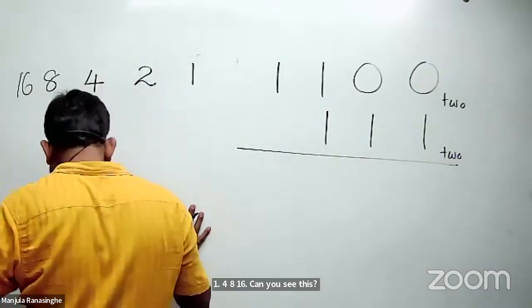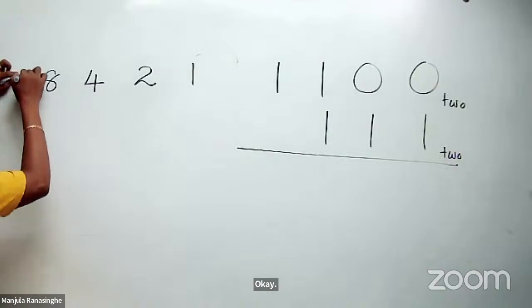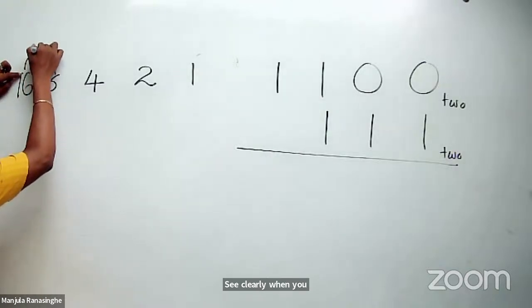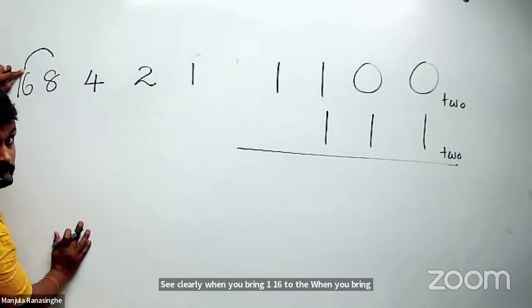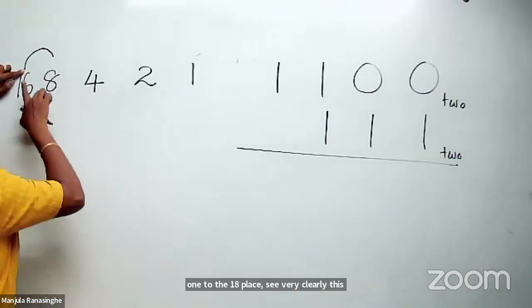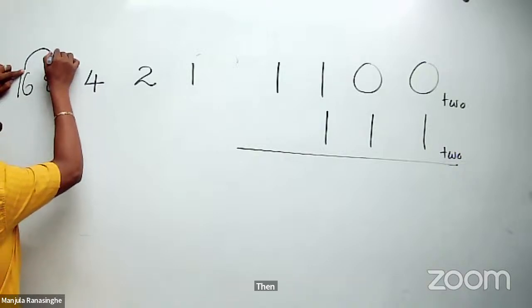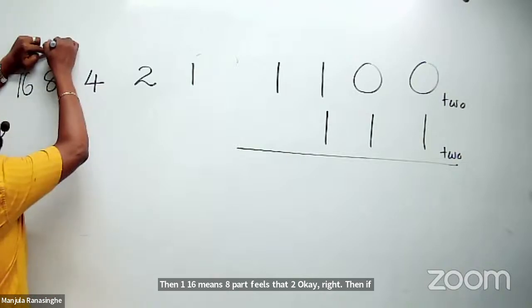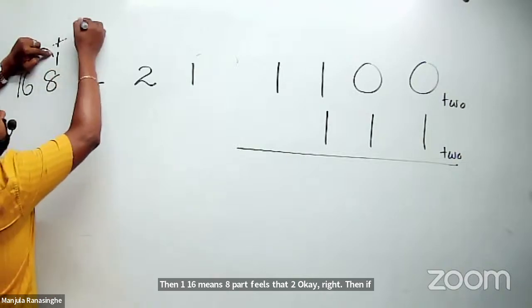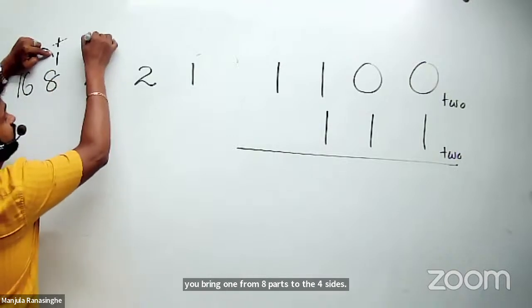See clearly. When you bring 1 to the 8 place, this concept, then 1 of 16 means the 8 part feels 2 eights. If you bring 1 from 8 parts to the 4 side, 1 eight means 4 twos.